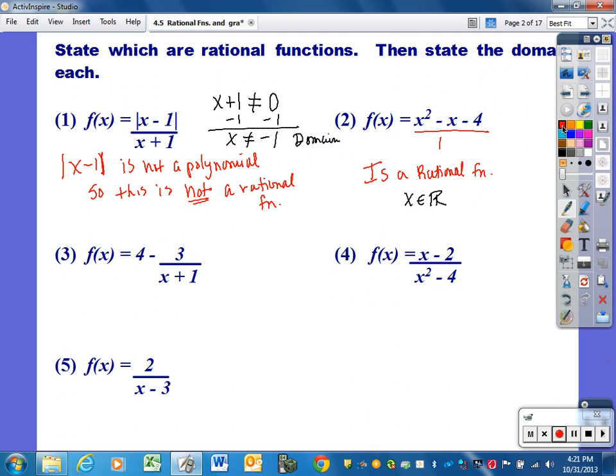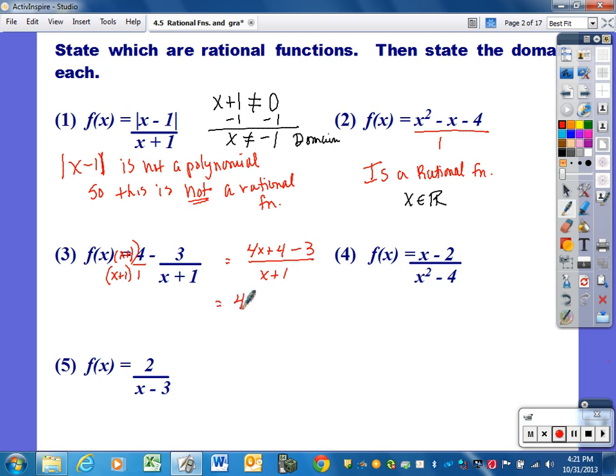Number 3, 4 minus 3 over x plus 1. In order to determine if it's rational, we have to have one numerator over one denominator. So we're going to have to rewrite this. We're going to have to multiply the top and bottom by x plus 1. So this would give me 4x plus 4 minus 3 all over x plus 1.